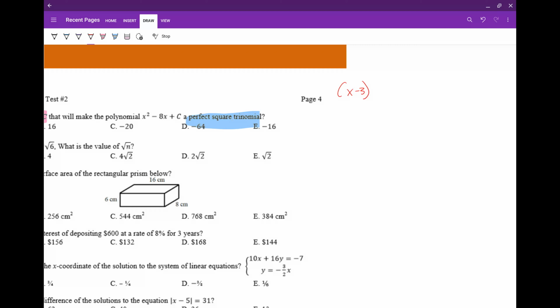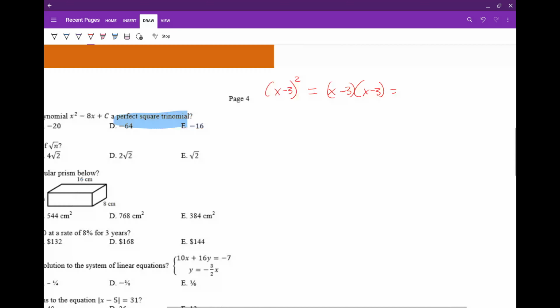A perfect square trinomial is when you factor it, it's squared. So x minus 3, that whole thing squared, is a perfect square trinomial. And when you FOIL it out, it's x minus 3 times x minus 3, which is equal to x squared minus 6x plus 9.